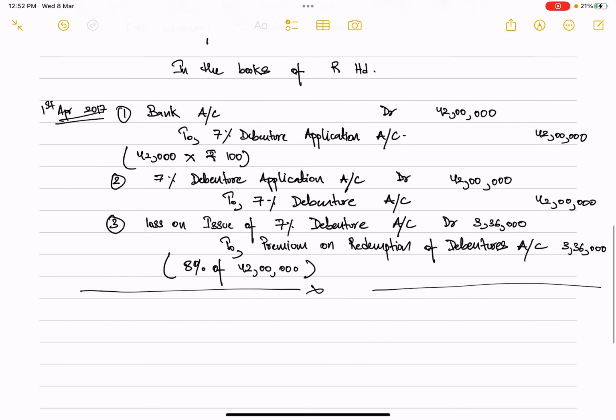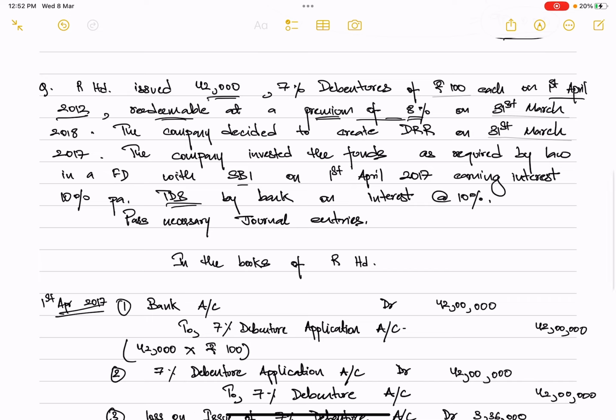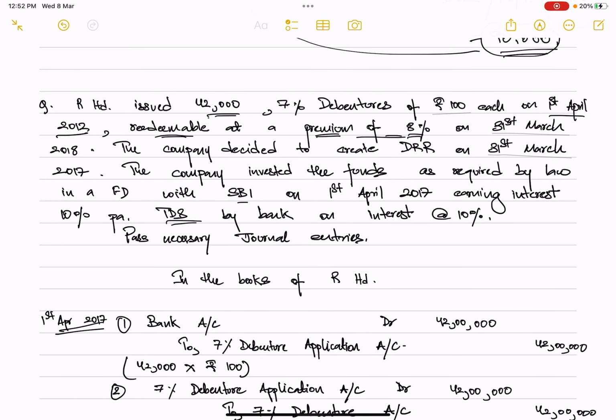Now, moving further towards the creation of DRR, the question states the company decided to create DRR on 31st March 2017. The company invested the funds as required by the law in an FD with SBI on 1st April 2017.